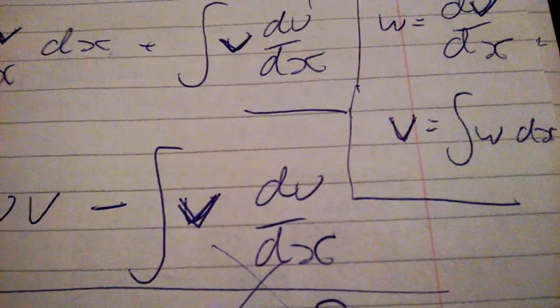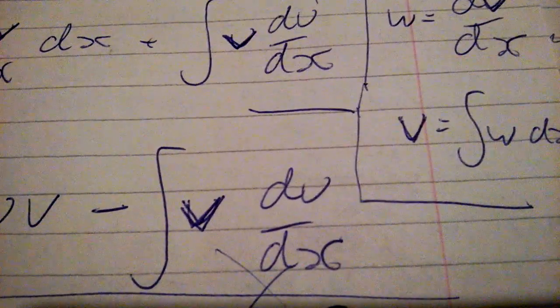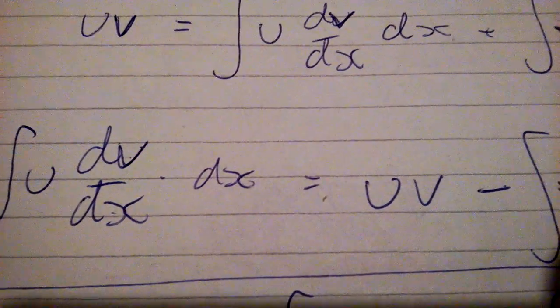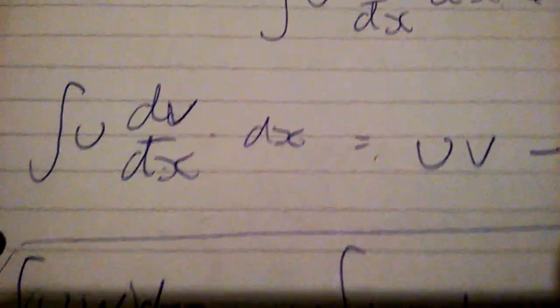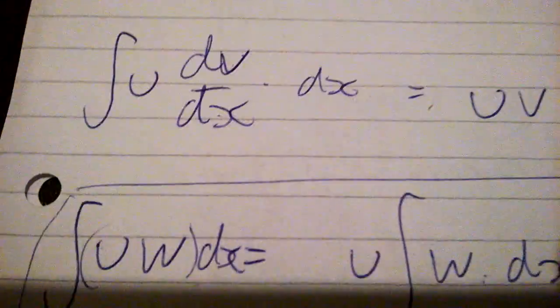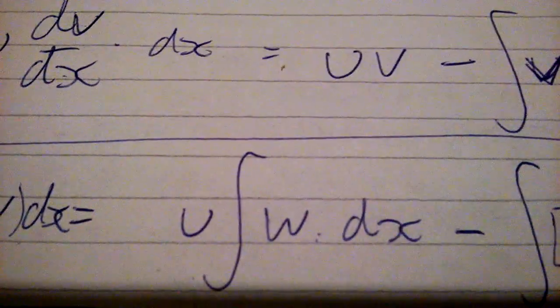Now if you substitute that v is the integral of w dx and w is the derivative dv by dx, that line simplifies to the integral of uw dx.